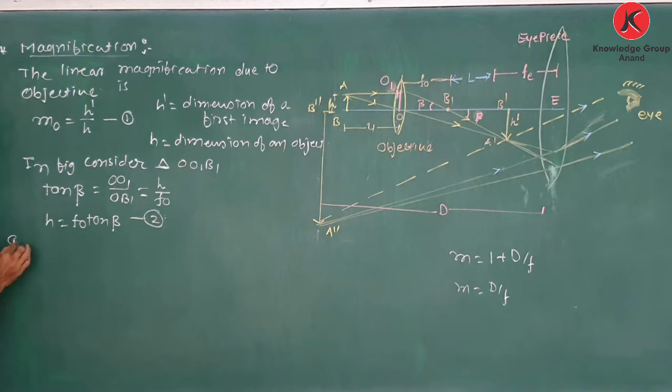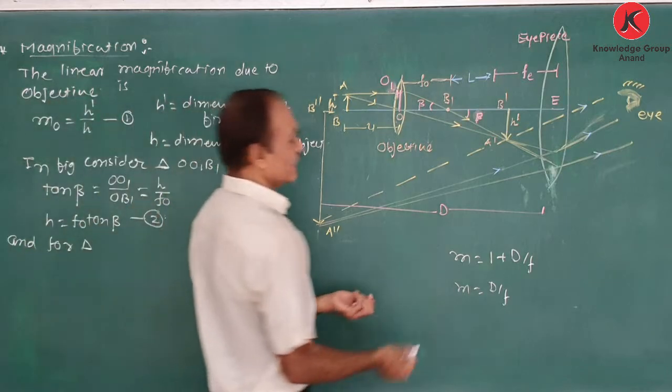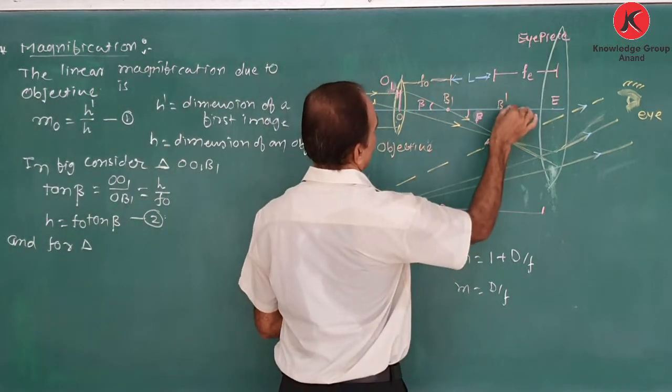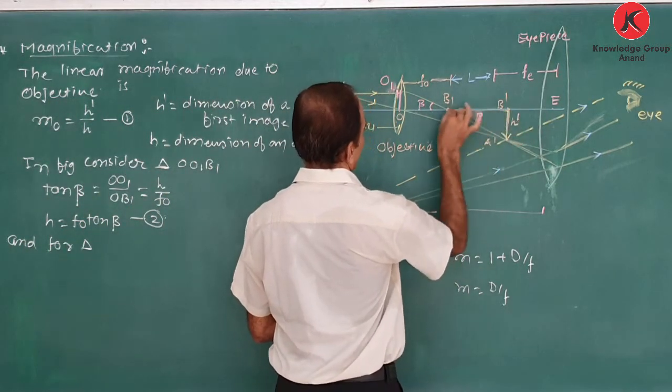And for another triangle, we consider this triangle, that is the A', B' and B1.